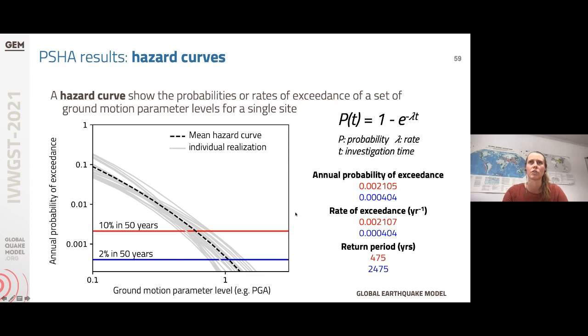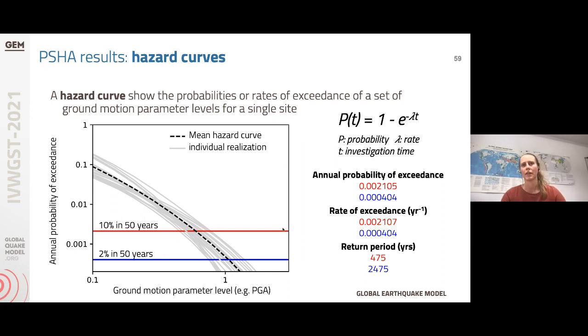The plot is showing 2 types of hazard curves. So there's the individual realization shown in gray, and the mean hazard curve, which is summing up all the weighted individual realizations to compute the mean hazard. We're also indicating some of the common probabilities of exceedance that are looked at for hazard curves.